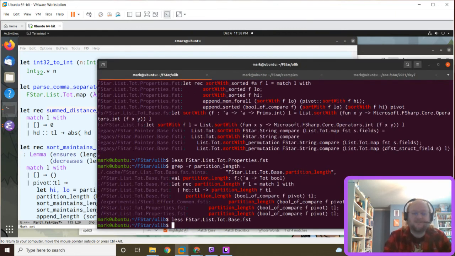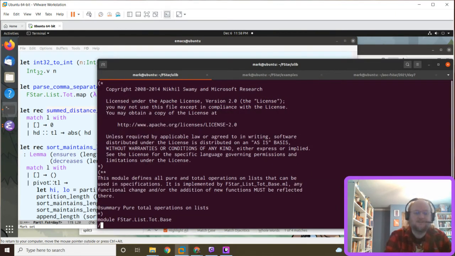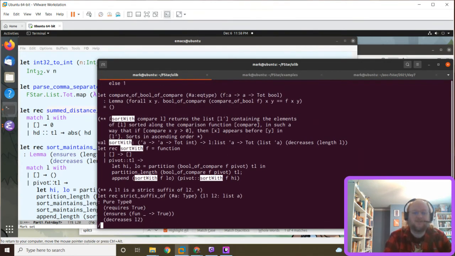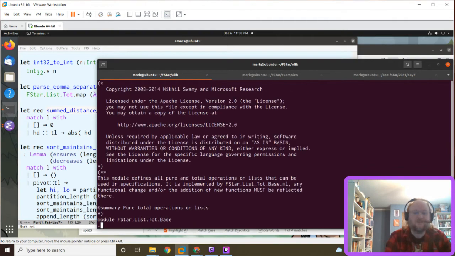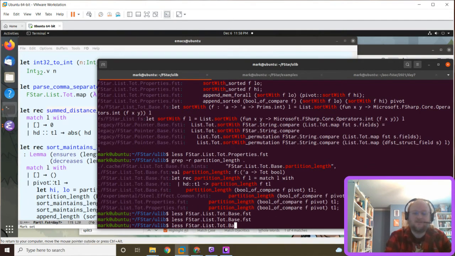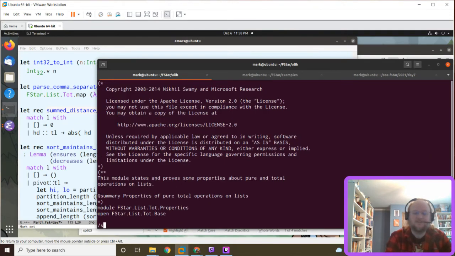So we saw an example that says it's a permutation in the library somewhere. Properties.